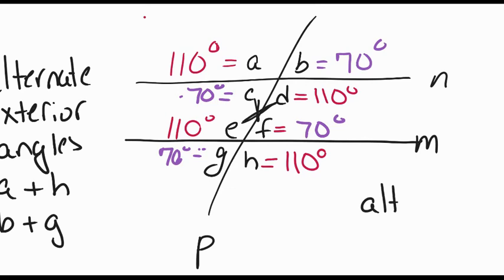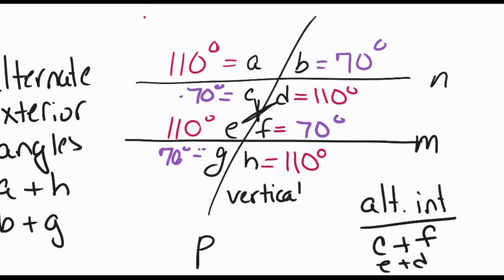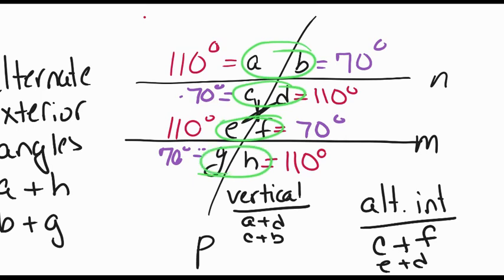Our alternate interior would be C and F and E and D. Vertical would be A and D, C and B, and you get the hint, E and H, G and F. And then supplementary would be A and B, C and D, E and F, G and H, or E and G, F and H, B and D, and A and C. Okay, so that's how we would be able to determine all the angle measures.